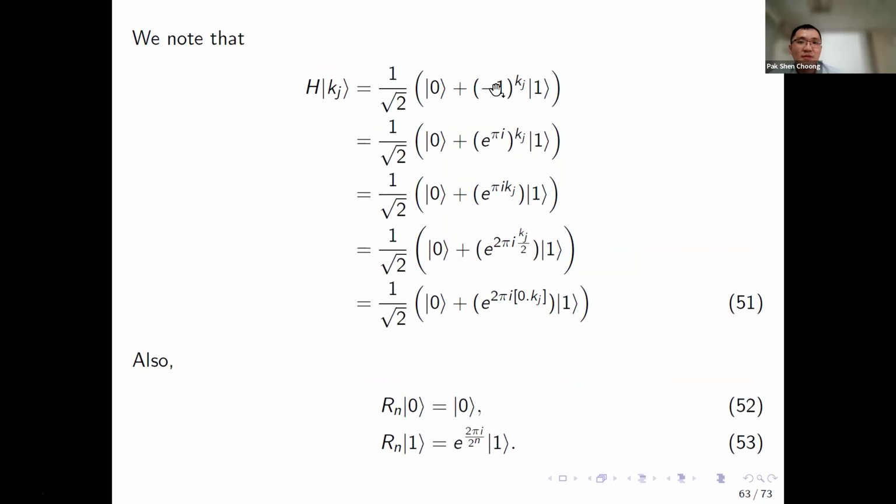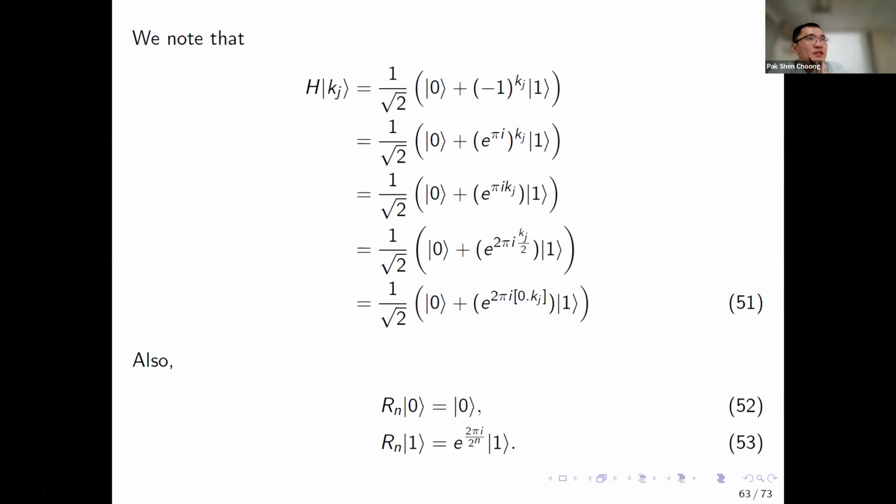So what is minus 1? Minus 1 is basically e to the power of pi i, and you can multiply your Kj inside. For the sake of writing in binary notation, I divide Kj by 2, then I need to multiply outside by 2. So Kj divided by 2 is Kj times 2 to the power of minus 1.